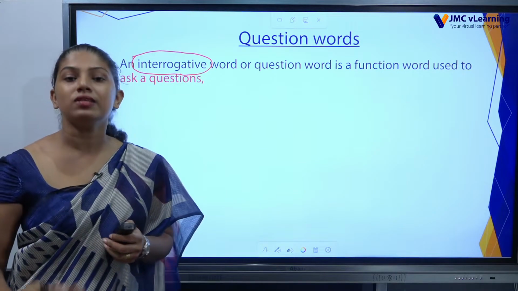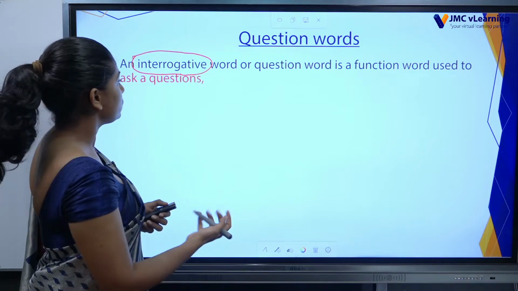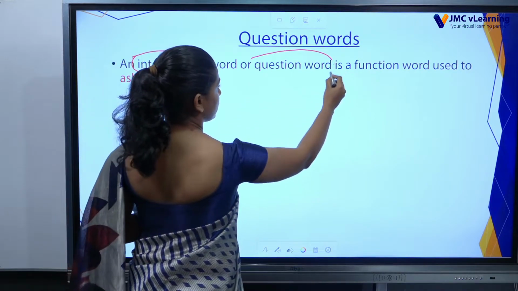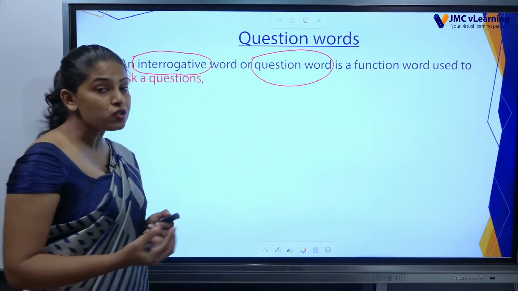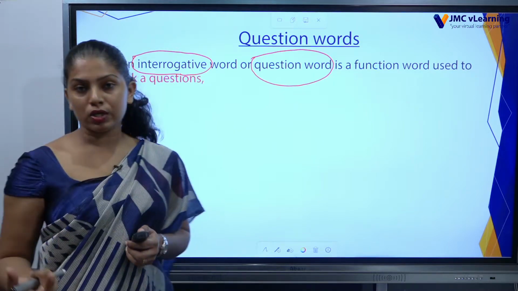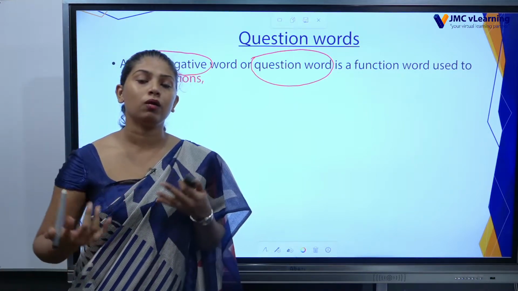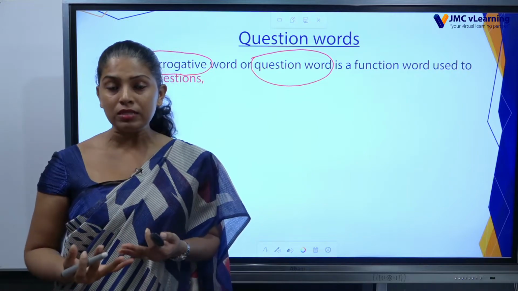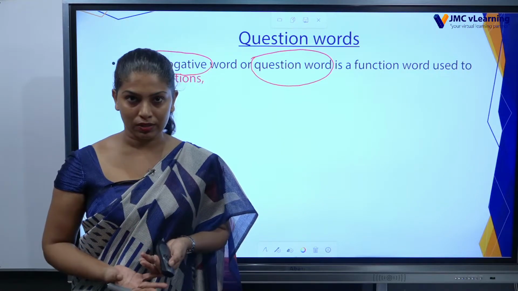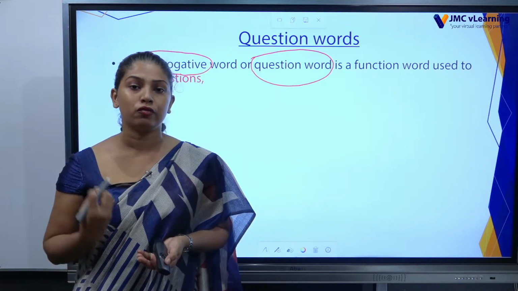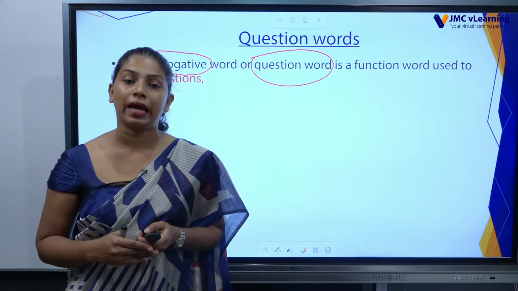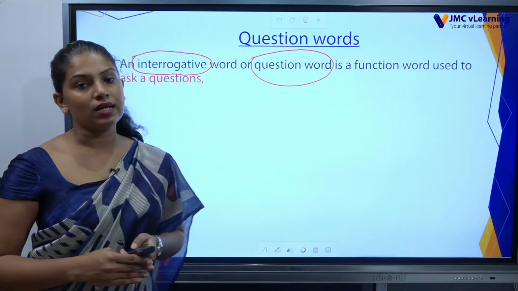Interrogative is question word. So an interrogative word, or question word, is a function word used to ask questions. When we are talking or using normal statements, we need not use question words. But when we are asking a question of someone, these question words can be used. Let's see what the question words are.